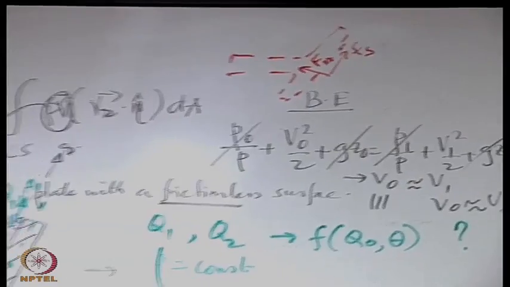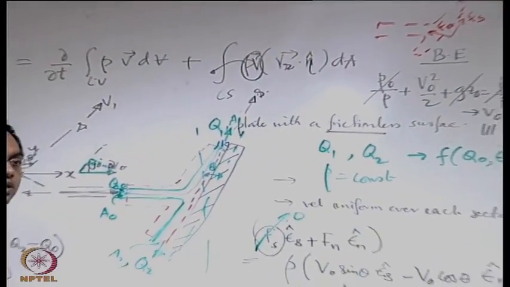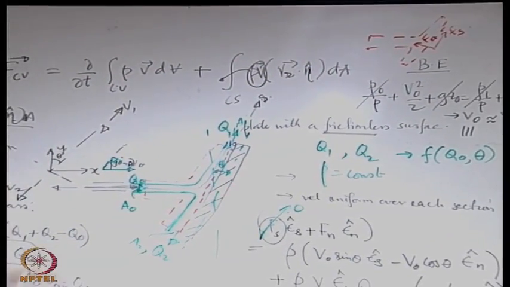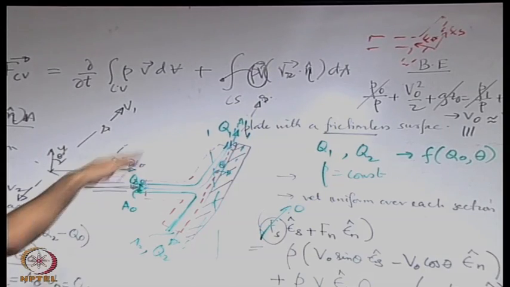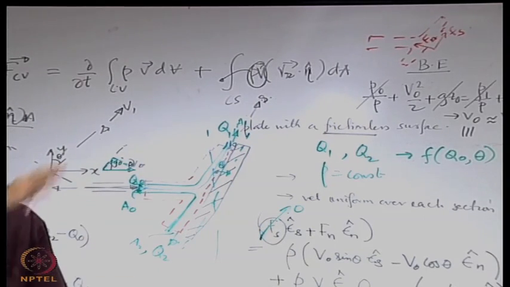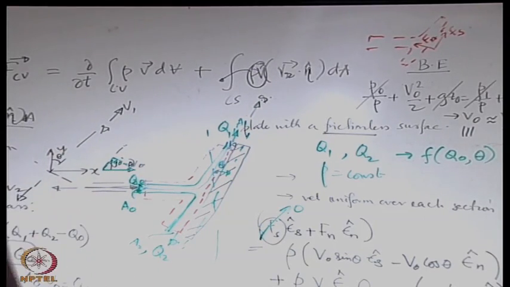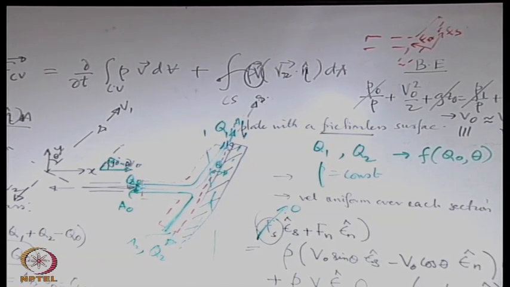Assume that the same thing is occurring almost in a horizontal plane, so the weight you are not considering in this plane. Not that weight is not there, but in this plane of forces weight is not important. Then any other force on this?